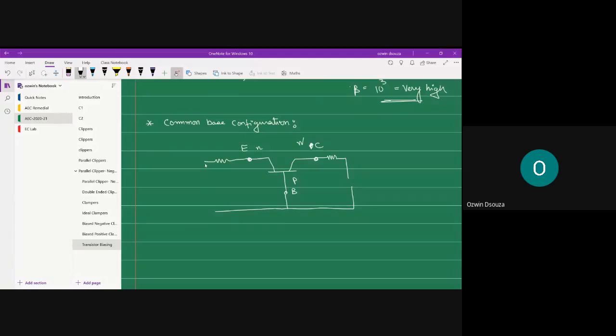So N is connected to negative and the opposite terminal is positive. Similarly, this is N. So this is the negative terminal of the battery and this is the positive terminal of the battery. And emitter current will be in this direction. And this is your collector current.